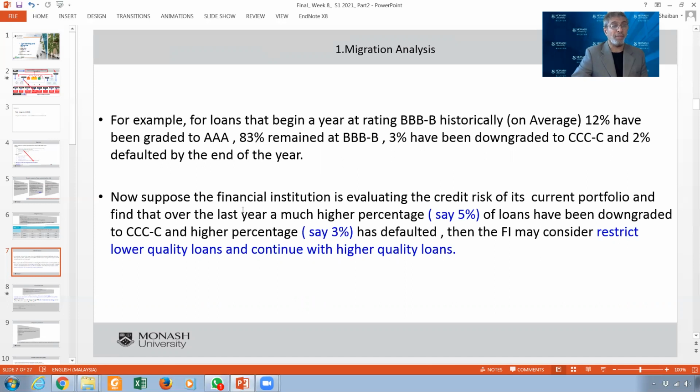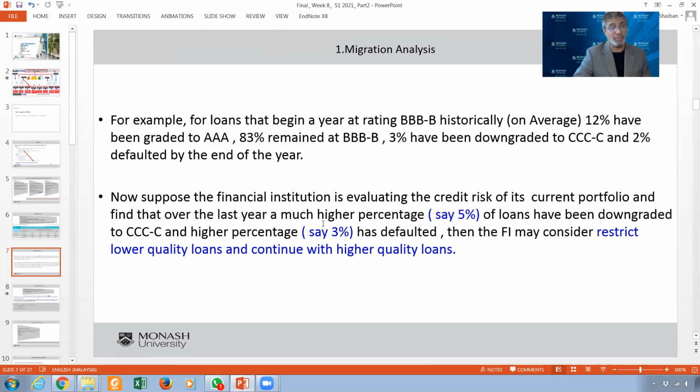Now, suppose that the financial institution, which is your financial institution, is evaluating the credit risk of its current portfolio. And they have investments in companies who are in A and B and C. But you find that for the last year, a much higher percentage actually was the drop.